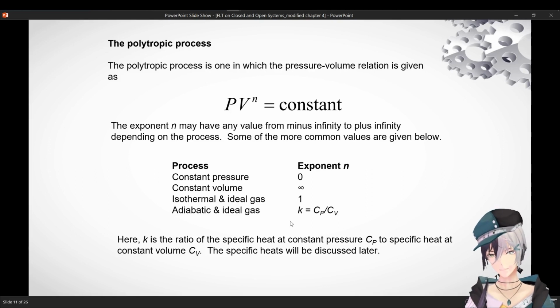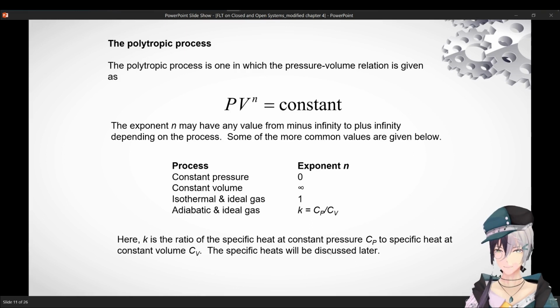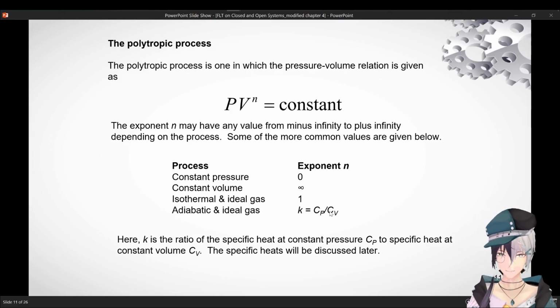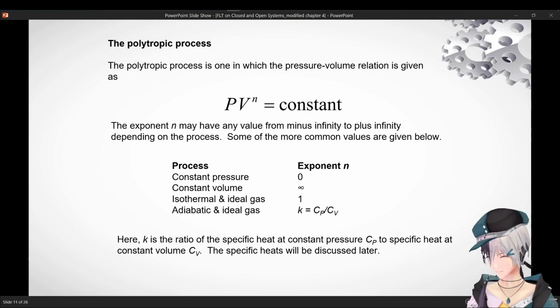So K is the specific heat ratio, and that is the ratio of specific heat at constant pressure and specific heat at constant volume. So C sub P over C sub V. We will discuss this one later.